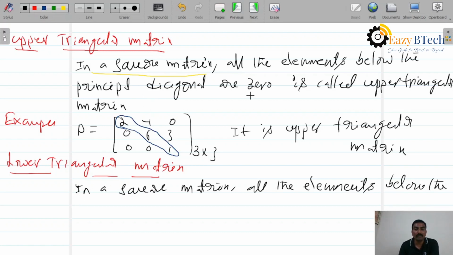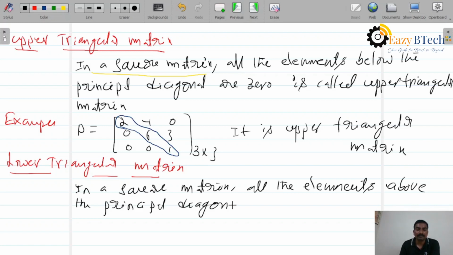Below the principal diagonal are 0 is an upper triangular matrix. Above the principal diagonal are 0, then it is called a lower triangular matrix.